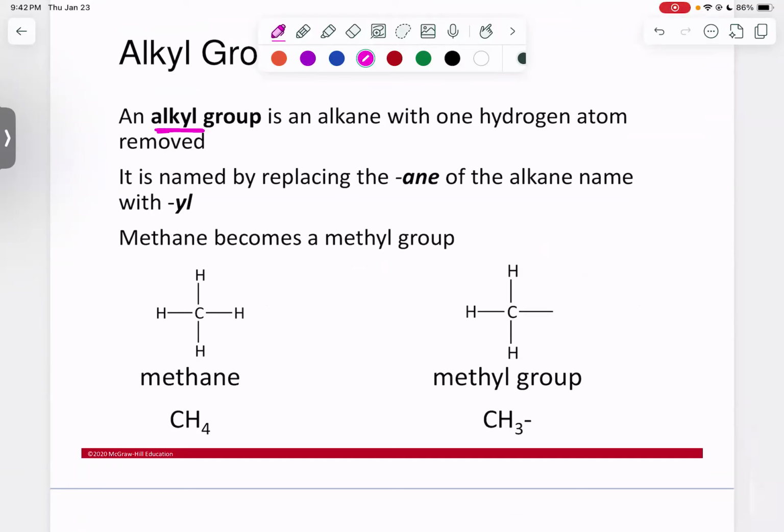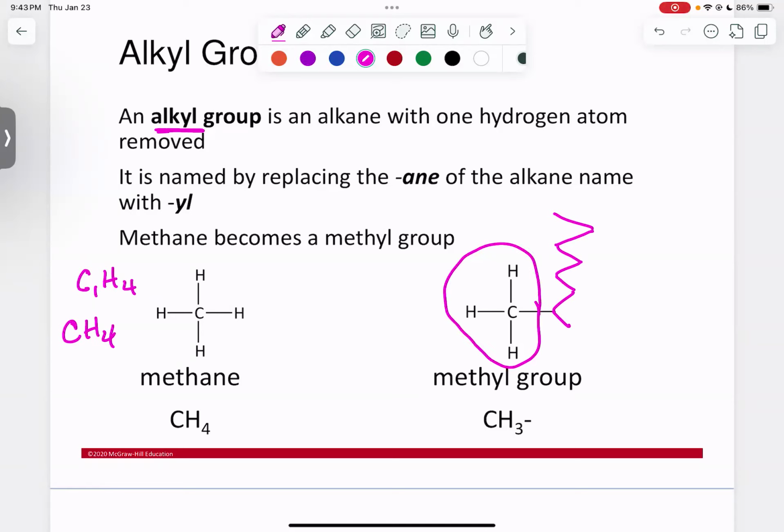So if I had a parent chain that's only one carbon, C1H4, well, that's methane, CH4. I don't write the 1, you just write CH4. So that's methane. But if I have this carbon maybe attached to a long skeleton, something else, this would be a methyl group.